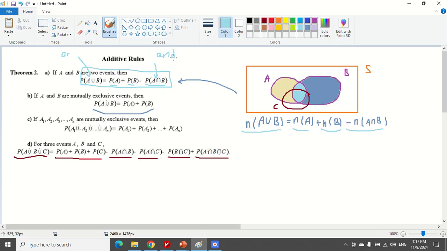So the additive rule says that the probability of their union is equal to the probability of the first one plus the probability of the second one minus the probability of their intersection.